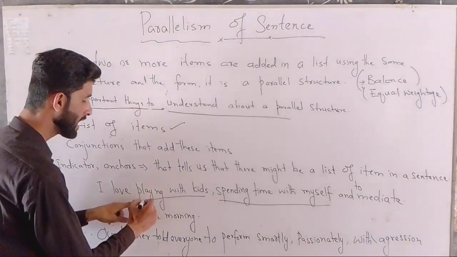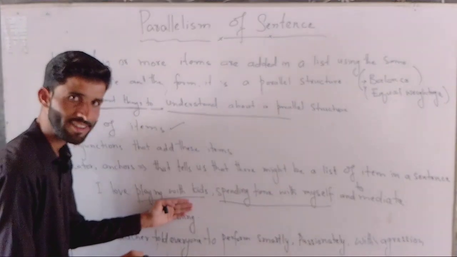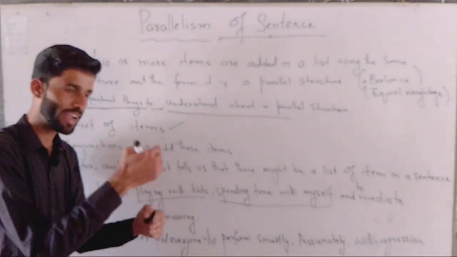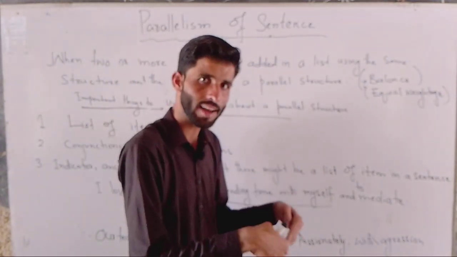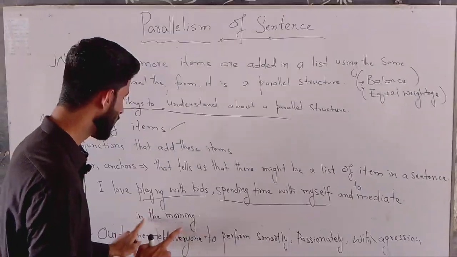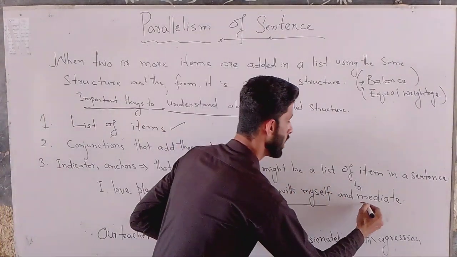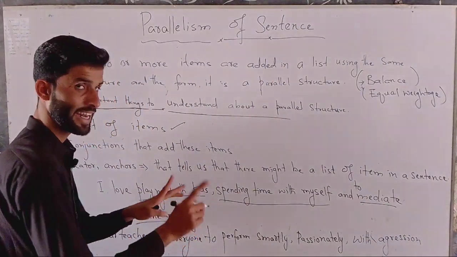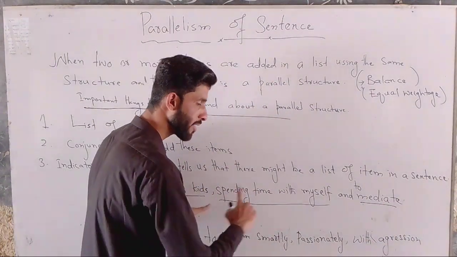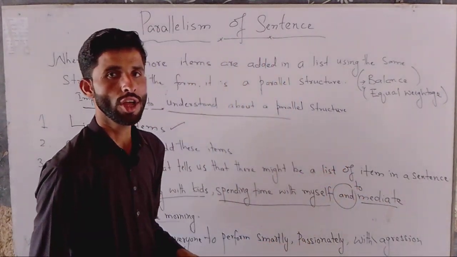So these words, playing with kids, are different things. Playing with kids, what I love. Spending time with myself is the second item. Number third is to mediate in the morning. So these are different items connected by comma. We have used comma here. We have used and, conjunction.